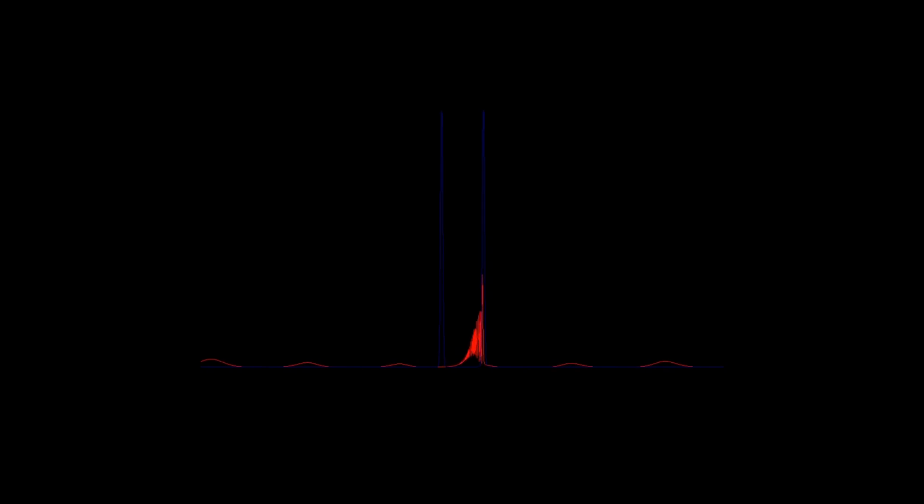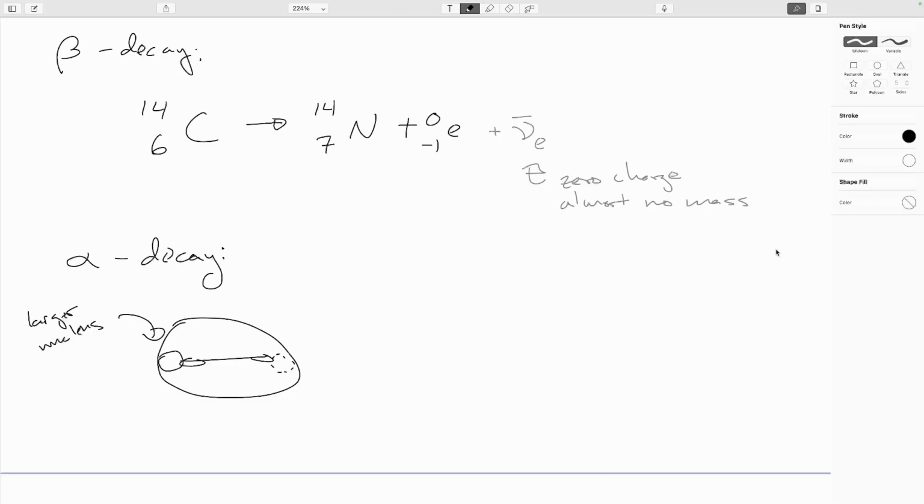So, when that sort of thing happens, let's take a look at, say, uranium-235 as an example. Uranium-235 is something that likes to emit an alpha particle. So again, we can do the same kind of double stoichiometry thing.